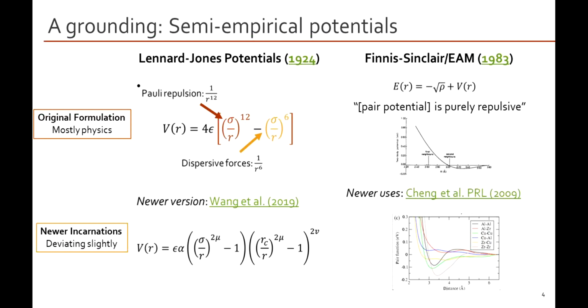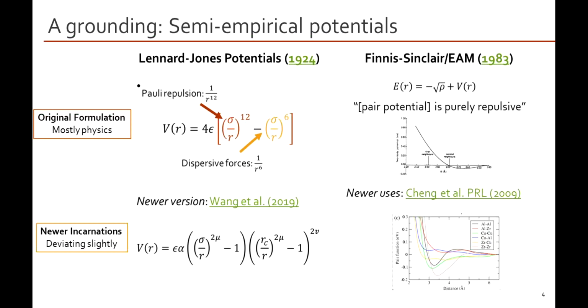There are also techniques that are much more modern where you can still see this notion of underlying physics underlying the model form. The Finnis-Sinclair potential from 1983 has a term that corrects these pairwise interactions with something that accounts for how the local density of atoms affects the energy of a system.